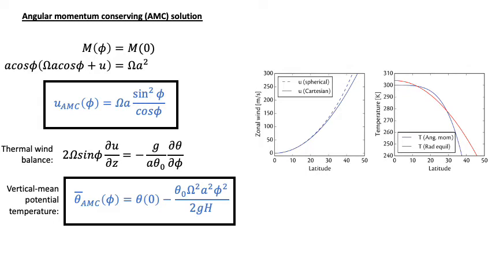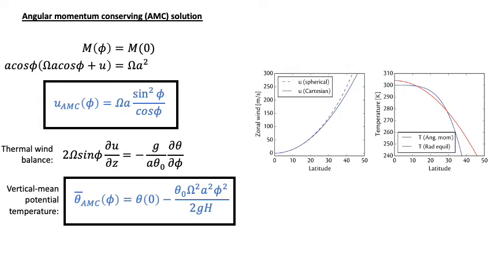So theta of 0 is theta at the equator, and it decreases. How quickly it decreases depends on the rotation rate of the planet, the radius of the planet, the latitude, as well as gravity and the depth of the troposphere. That's shown in the blue. The solution is shown again in blue on the right plot.